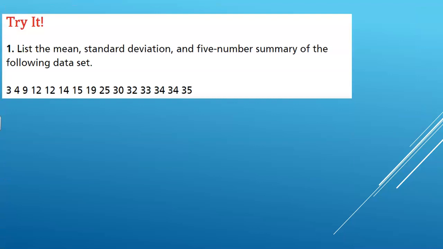I want you to try this. List the mean, the standard deviation, and the 5-number summary of the following data set. If you're not sure how to do that, you're going to have to find the standard deviation using your calculator. So go ahead and stop the video, try that, and see if you get the same answers.